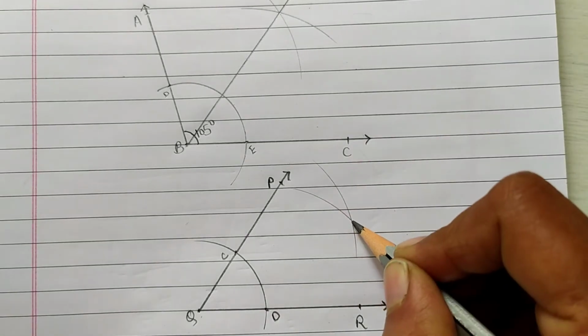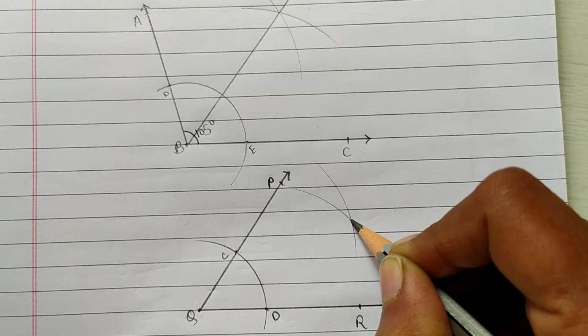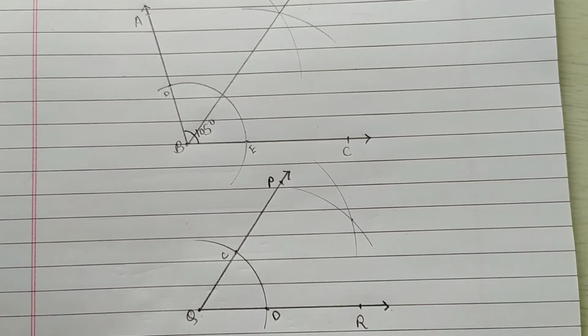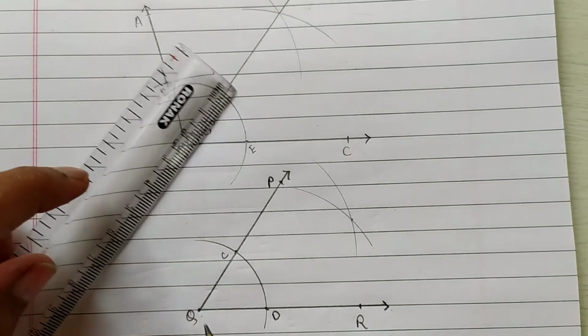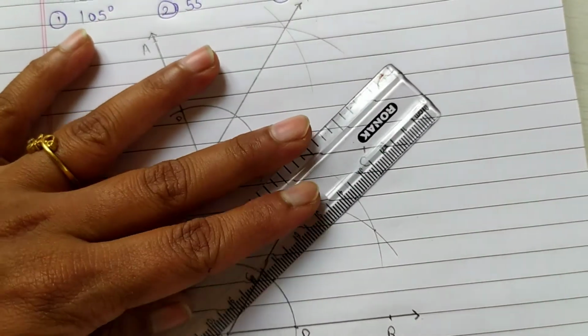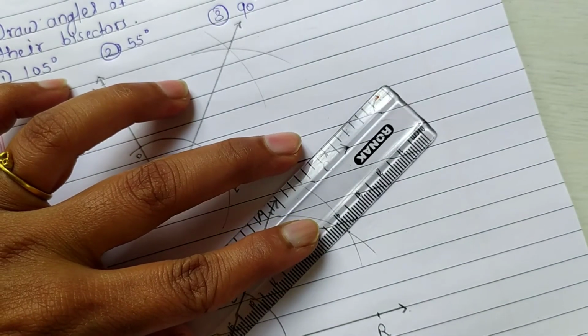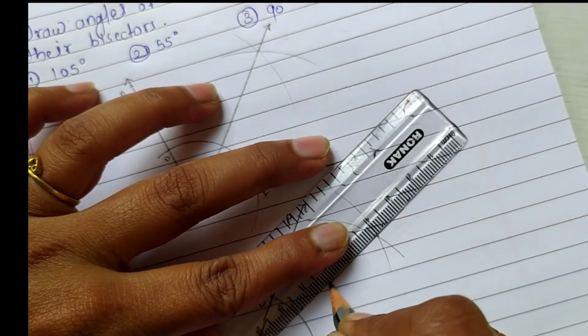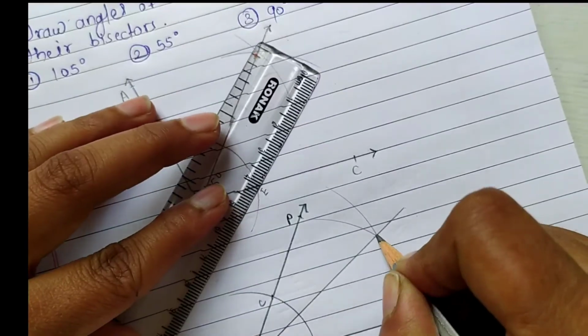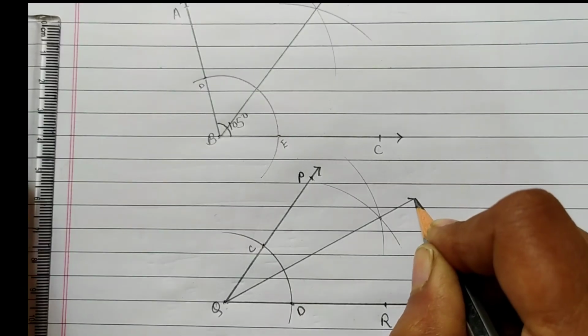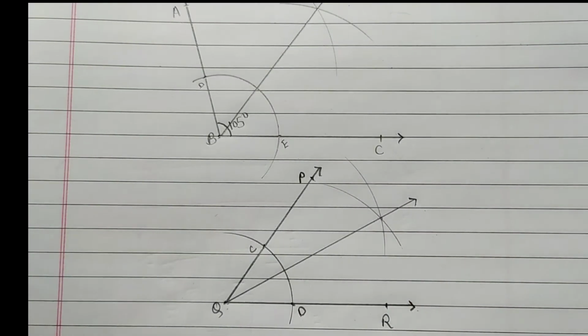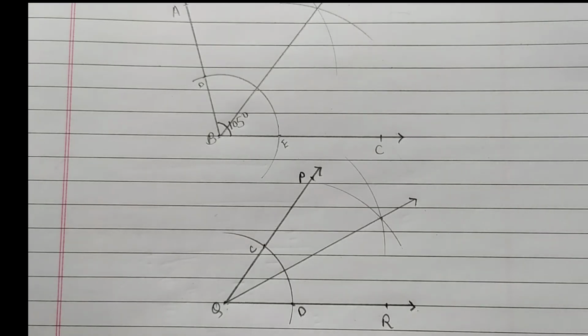Here we get 1 point. We can call it intersecting point. Let's join it with Q. Like this. This is an angle bisector of given angle.